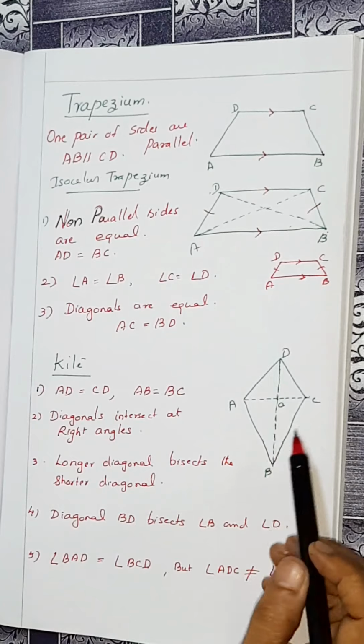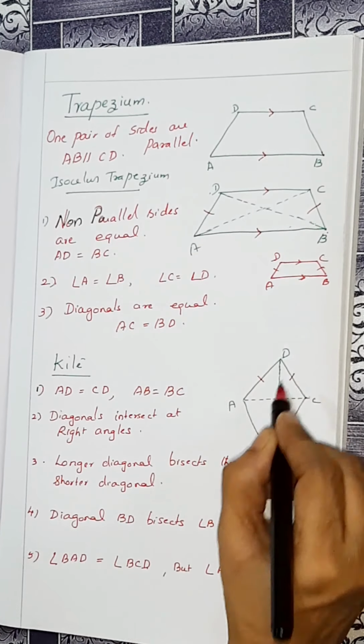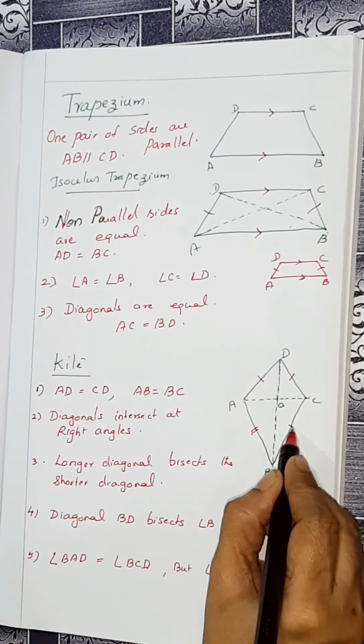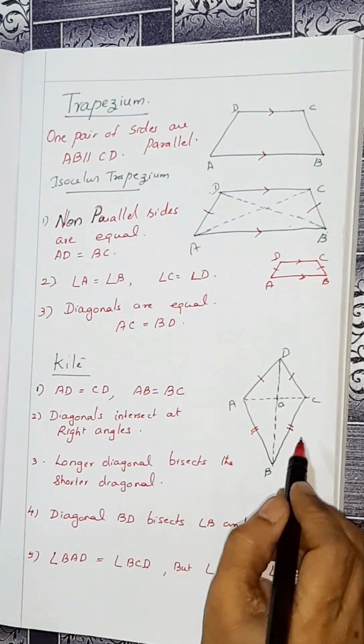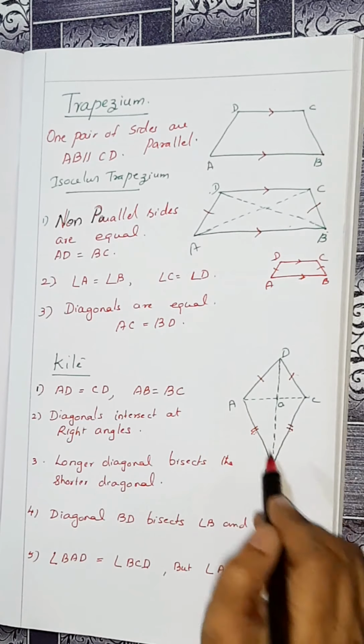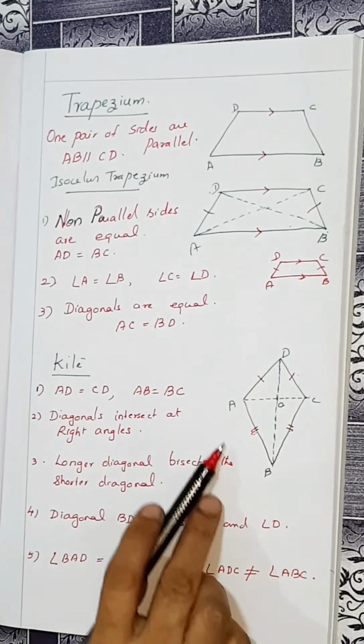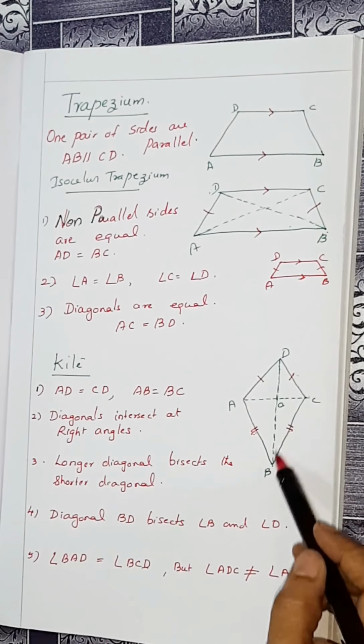Now coming to kite. In a kite you have these two sides equal and these two sides equal. It is not opposite. These two adjacent sides are equal. These two adjacent sides are equal. So AD equal to CD and AB equal to BC.